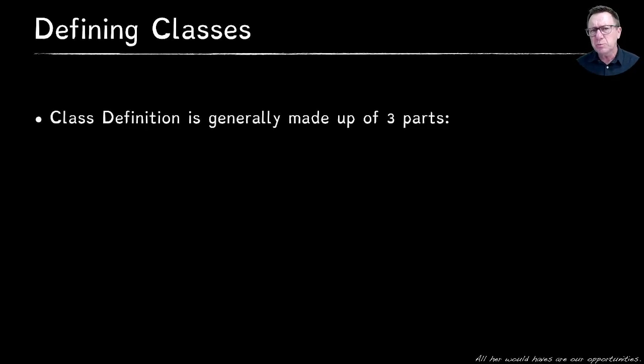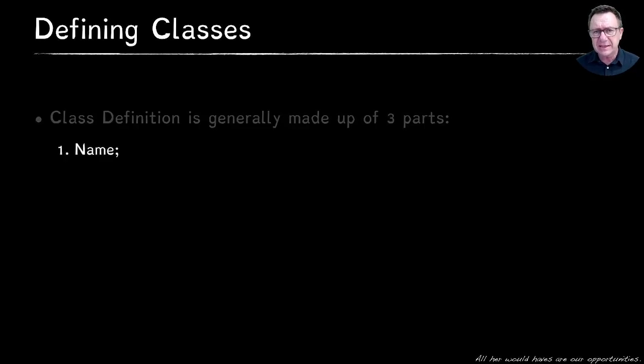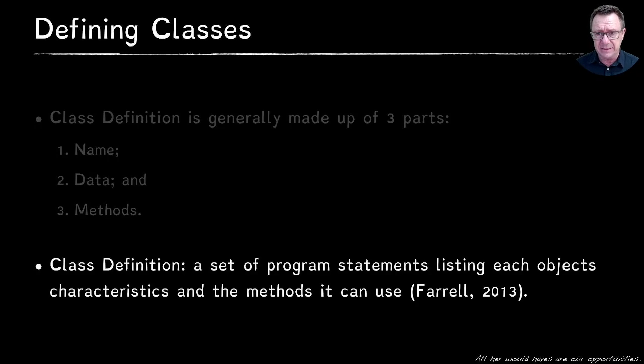So continuing with this defining of classes, as I've said, there's those three parts to it: the name, the data, and the methods. All right. So the class definition, this is really an interesting one. A set of program statements listing each object's characteristics and the methods it can use. Characteristics, we've sort of said attributes in that sense, and the methods it can use. So that's defining classes.